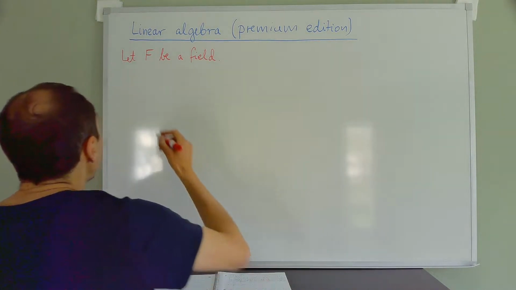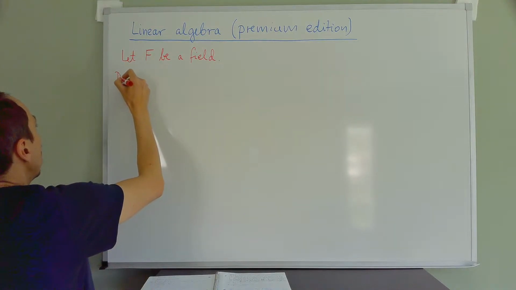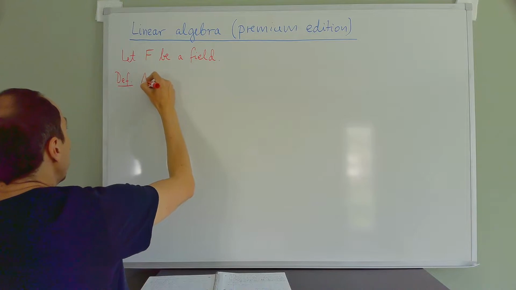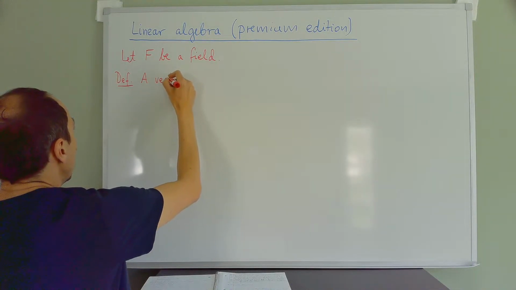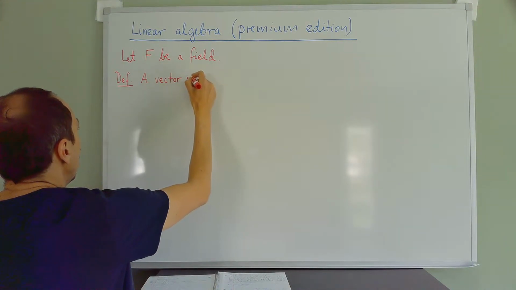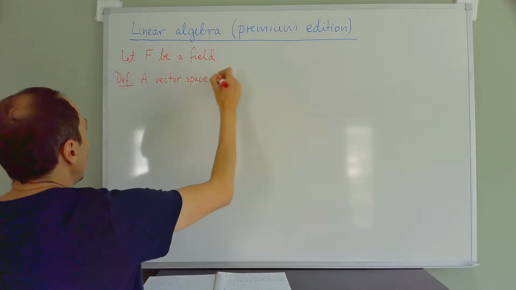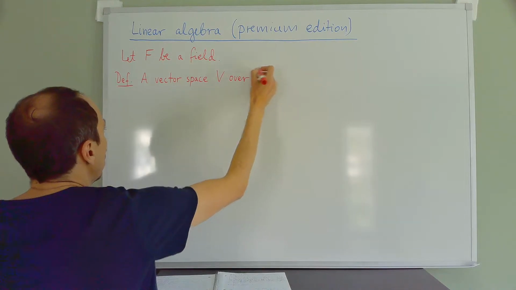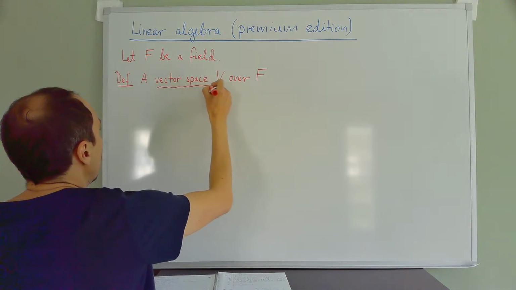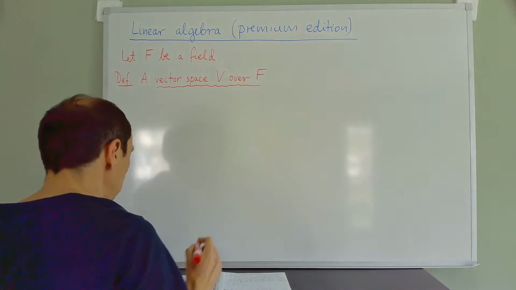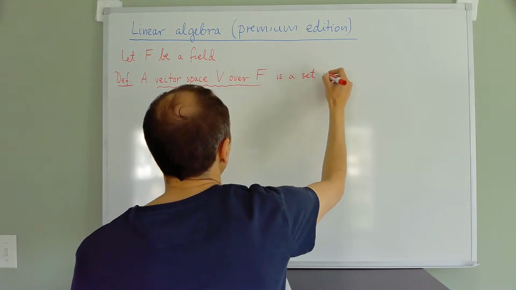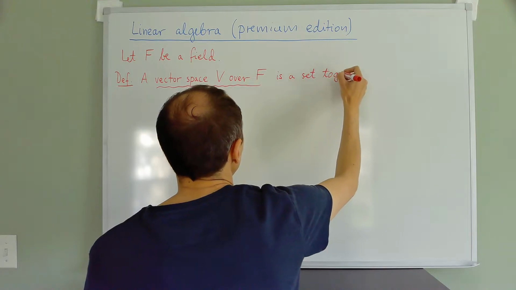So, definition: a vector space V over F is a set together with two operations.